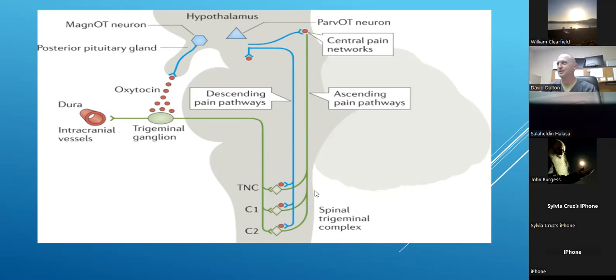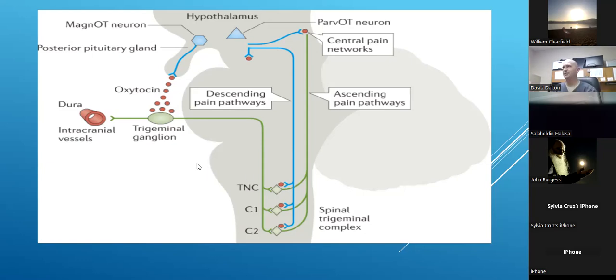So this gives us an understanding that oxytocin can be a very powerful analgesic drug because it does inhibit the pain signaling at the level of the spinal cord, but also at the level of the trigeminal ganglion as well.